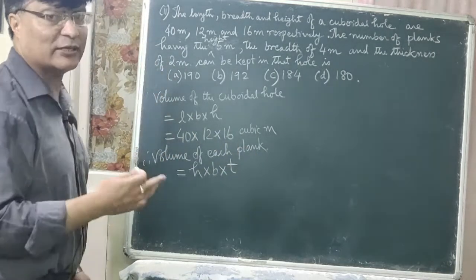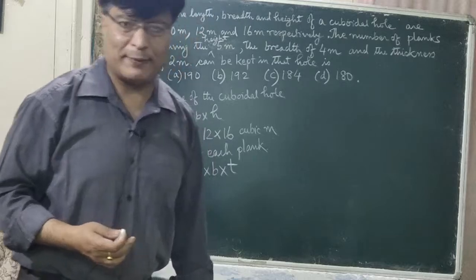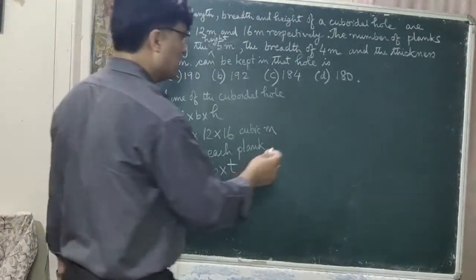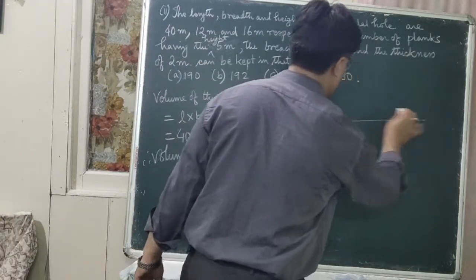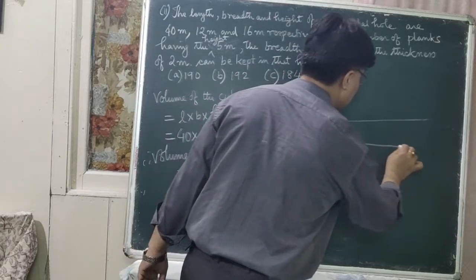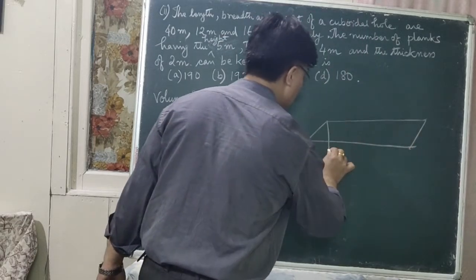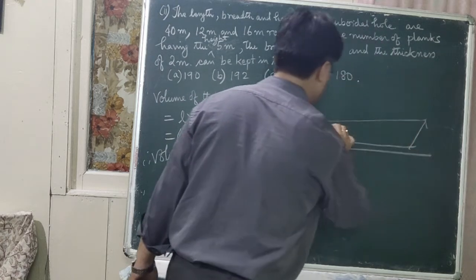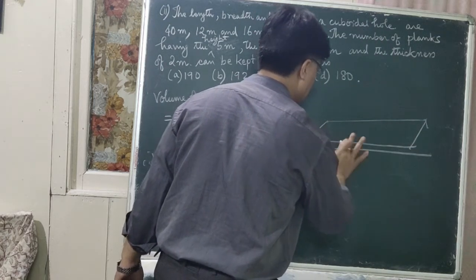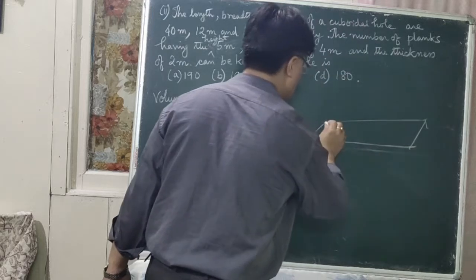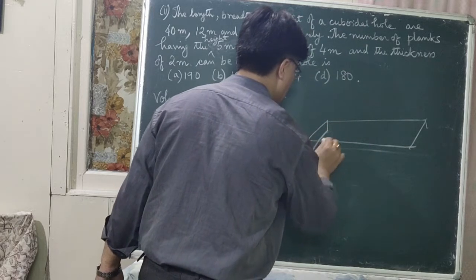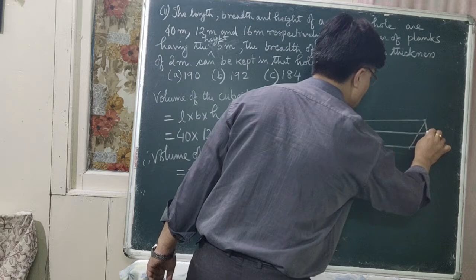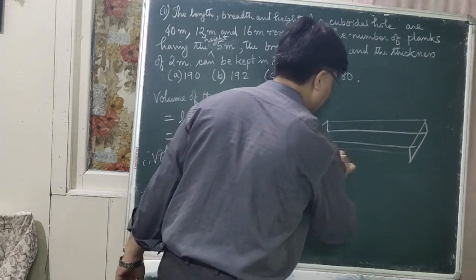This is just like your rectangular parallelopiped, isn't it? Actually the plank is like this, right? The plank is like this. This is just like your rectangular parallelopiped.